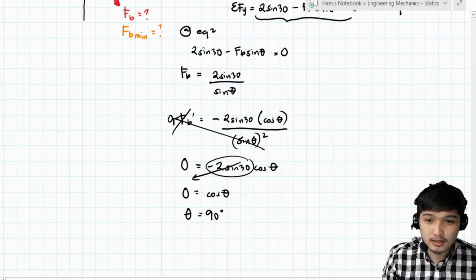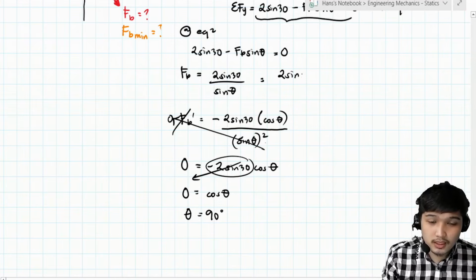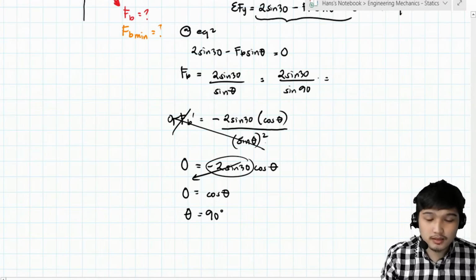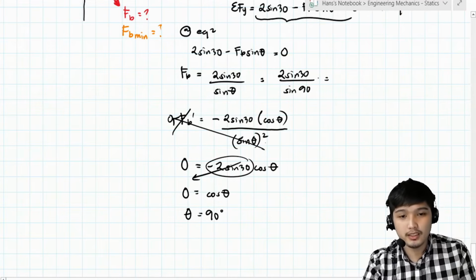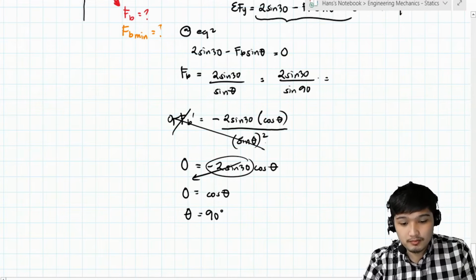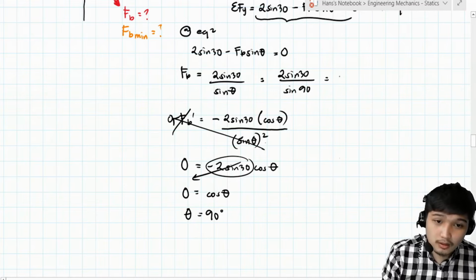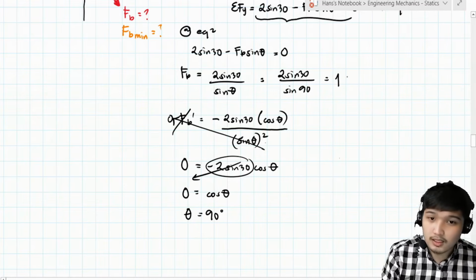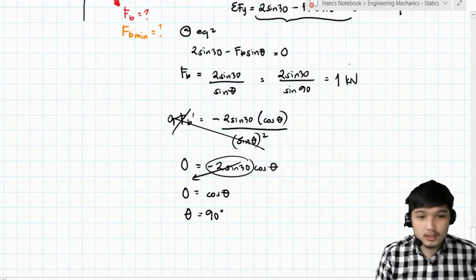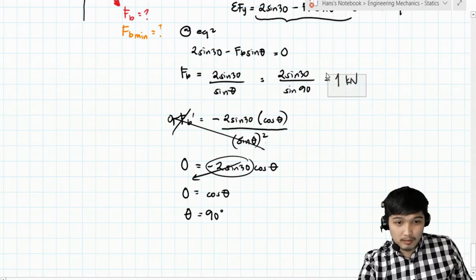Palit natin yan dito. Magiging 2 sine of 30 over sine 90. Ilan yan, class? That is what? 1 kilonewton. Okay?